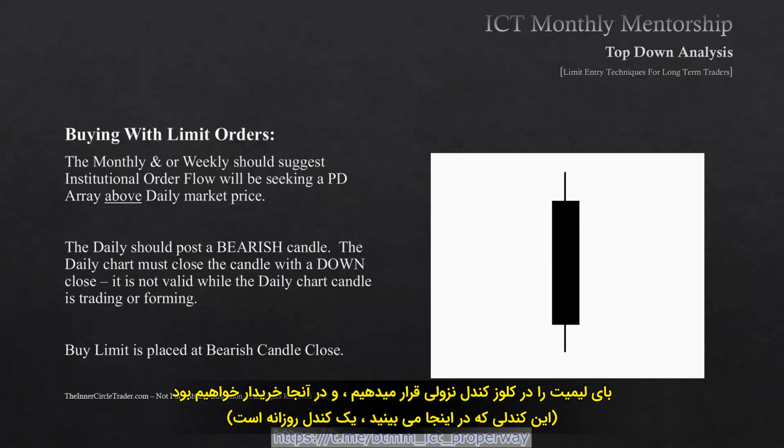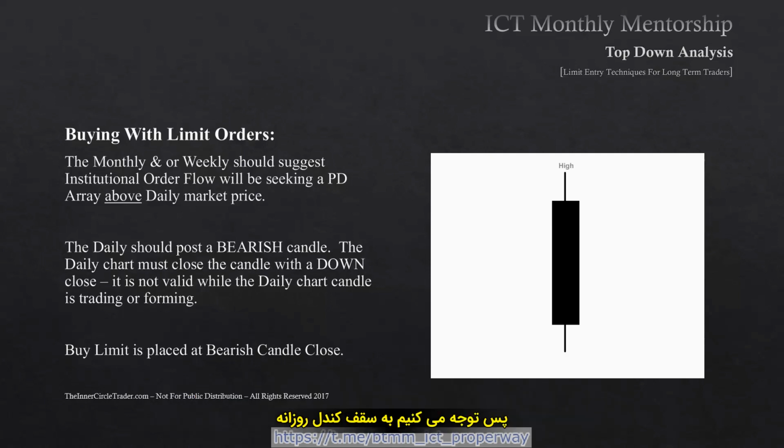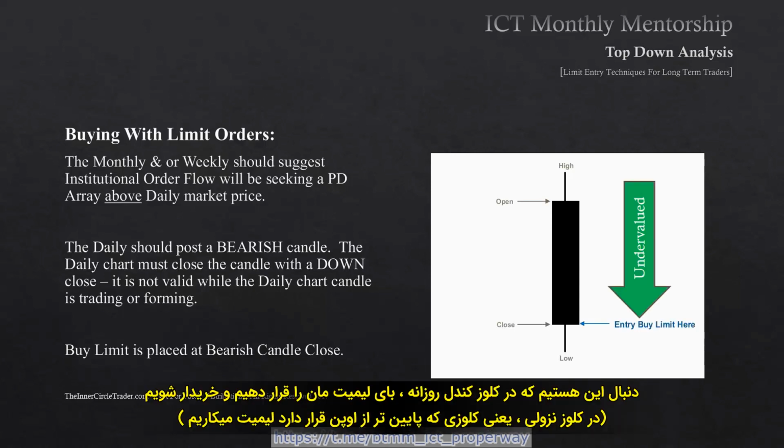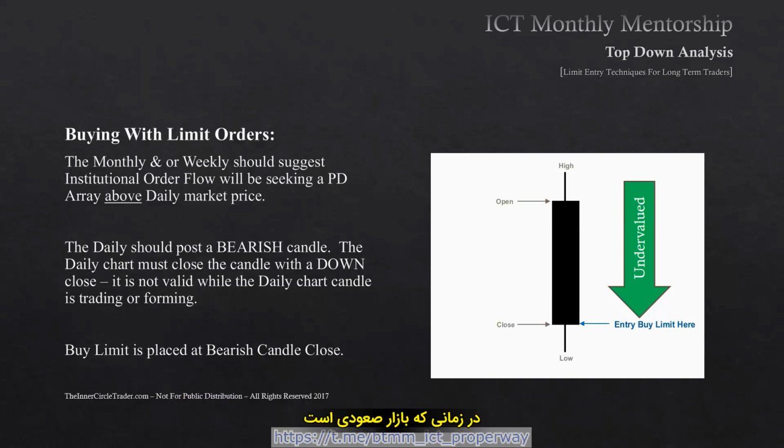This is a daily candle. So we're looking at the daily high, the daily low, the daily open, and the daily close. We're going to be looking to enter a buy limit order at the close of the daily candle that's a down close, while the market is bullish and we're expecting a higher price move in the asset class we're trading.